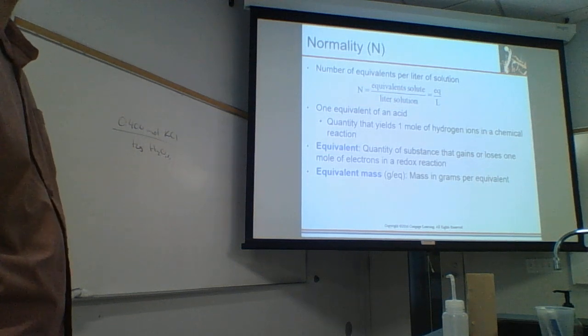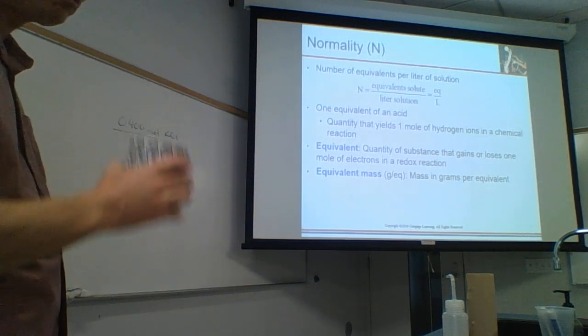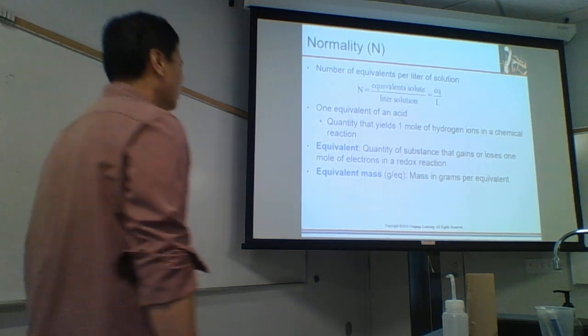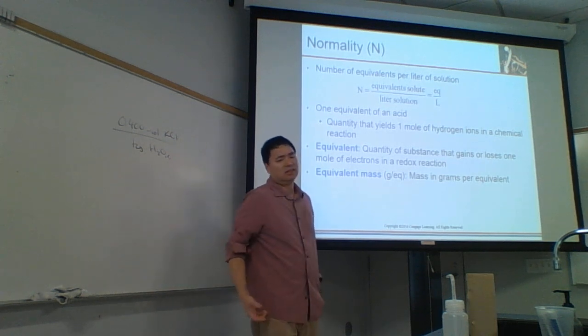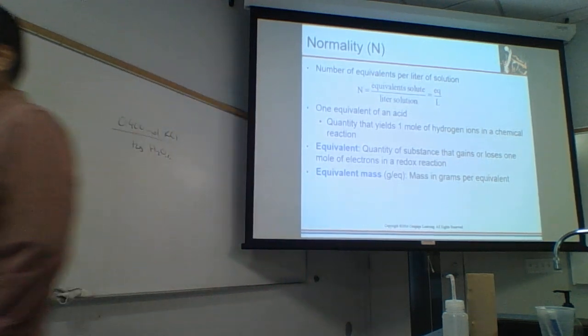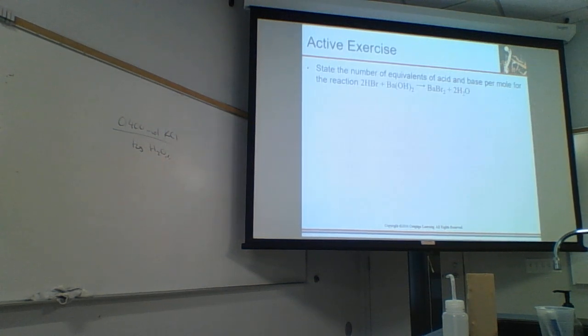Normality, we're going to skip it entirely, because if you're doing a lot of titrations, then you might use normality, but it's specialized. So normality, we're going to completely skip. Normality deals with something called equivalence.